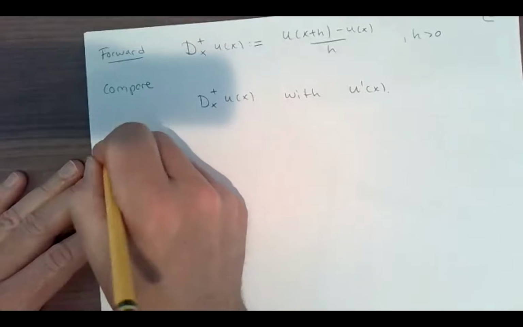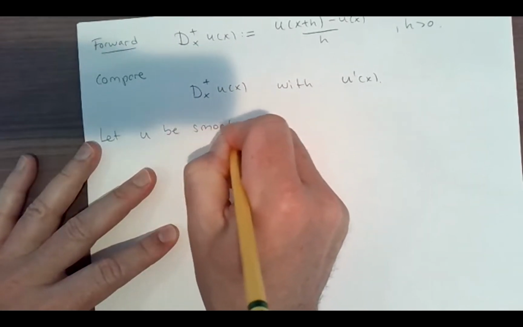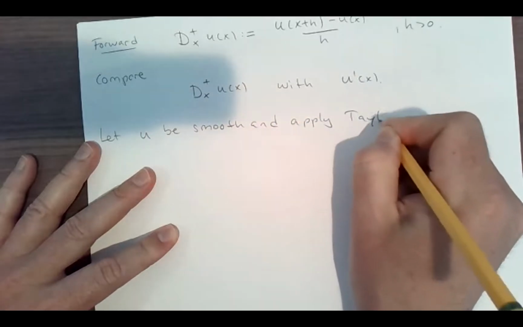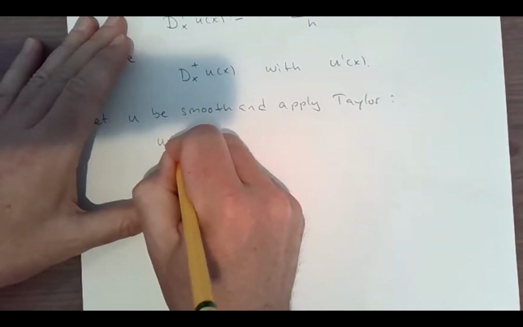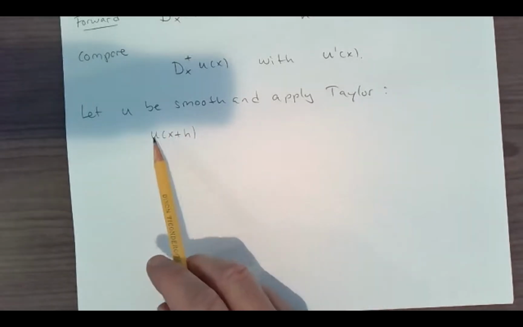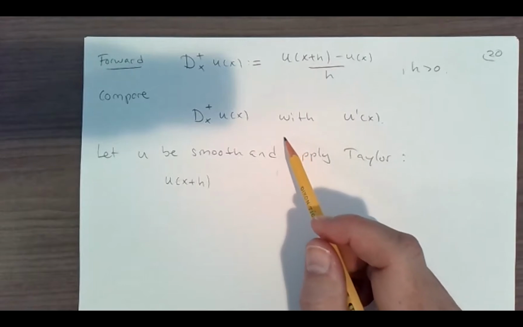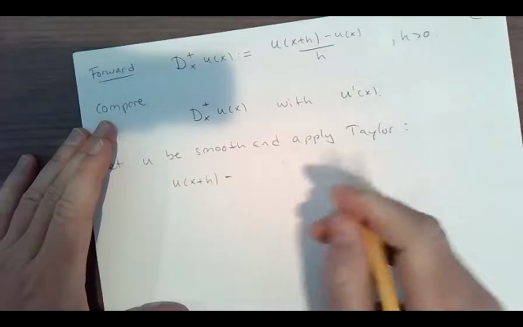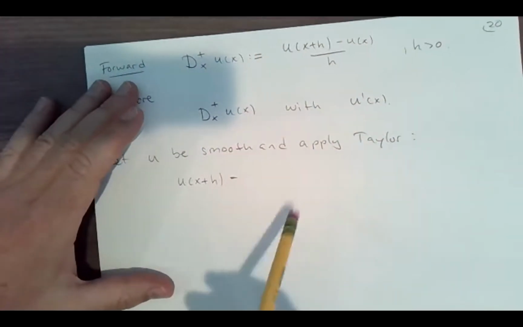Okay, so let u be smooth, and apply Taylor's theorem. If I want to approximate the value that u has at that later point, because this is what we have up here, we can write this out in a Taylor expansion.